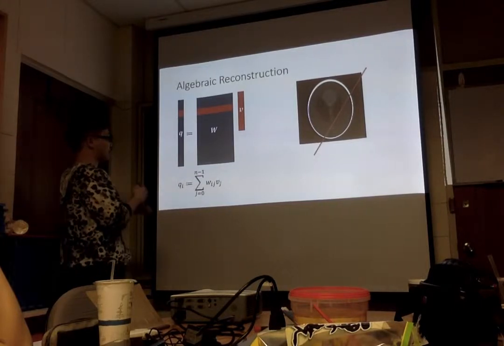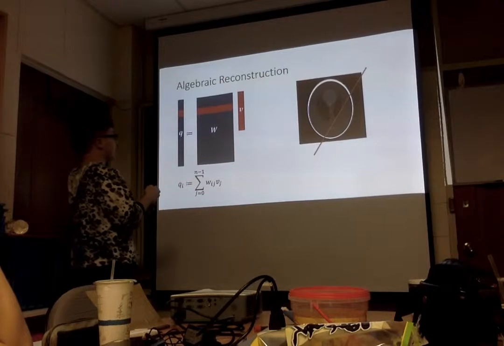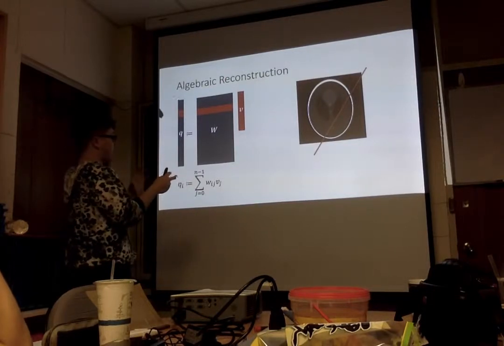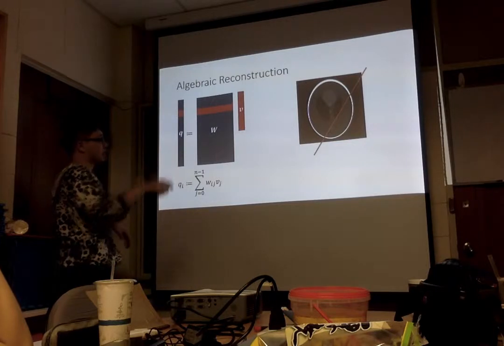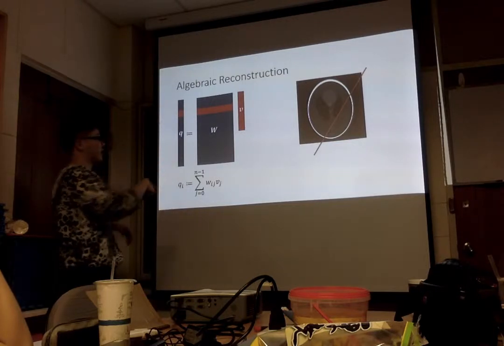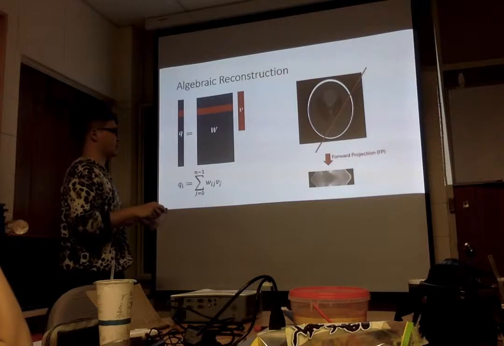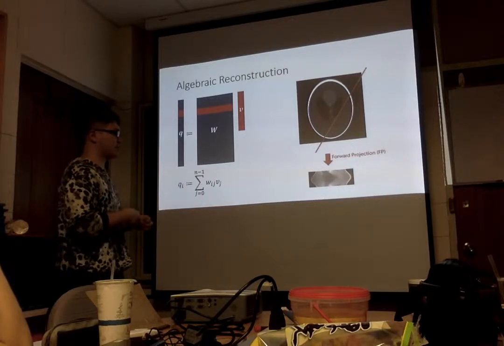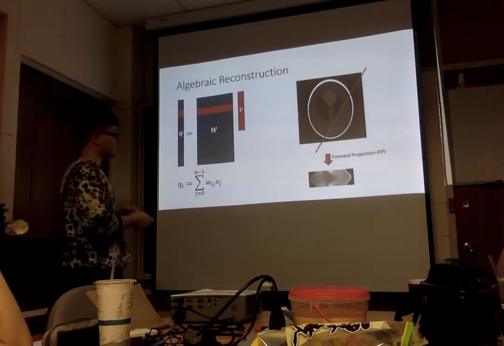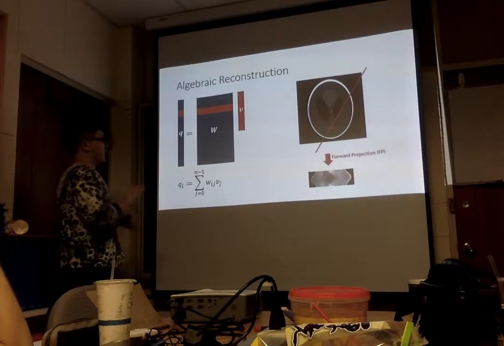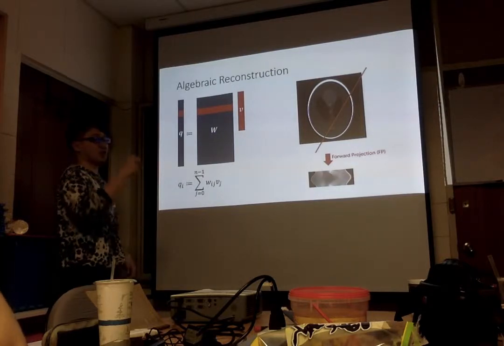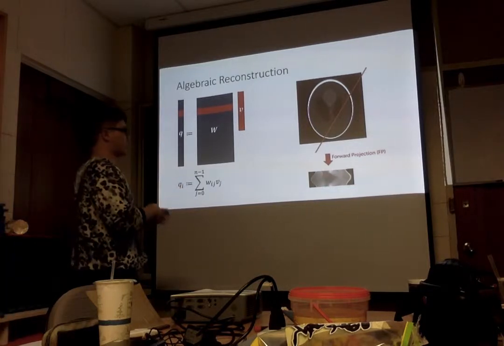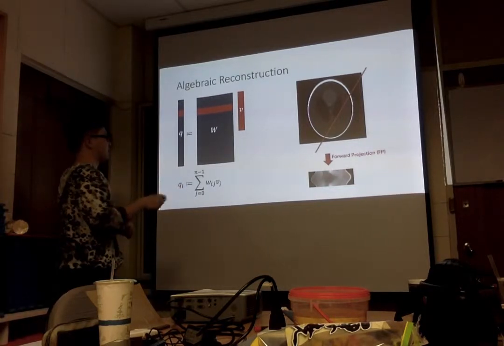With this linear combination we get Q, and when we do the total matrix, we have many Q, and these Q form the sinogram. We call this forward projection. This is similar to filtered back projection. We will gather the data.